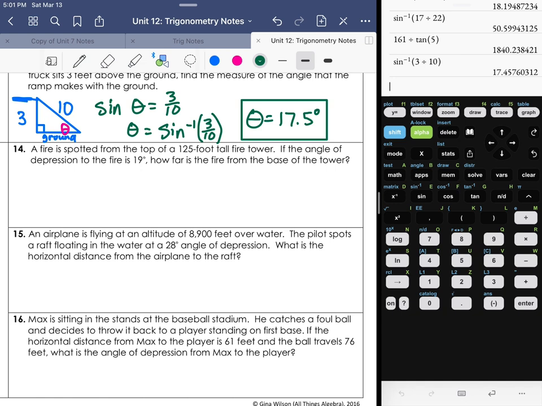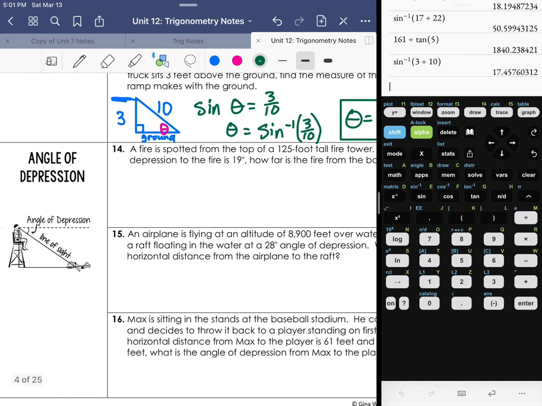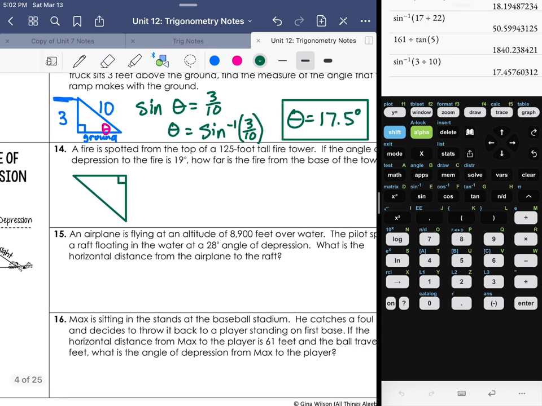When you have an angle of depression, think about this, that if you were looking straight out or down, that's how you make this. That is terrible. Okay. There we go. So it's like upside down from an angle of elevation. So sorry.